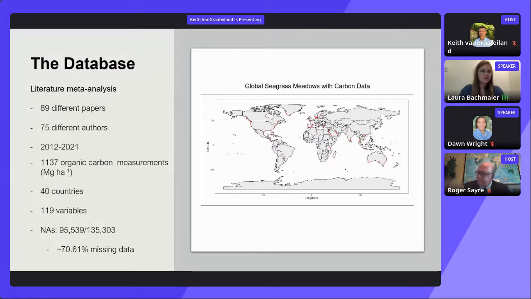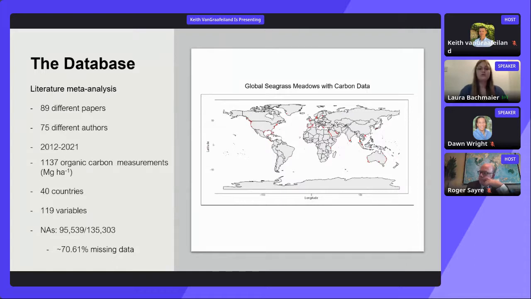And so as I mentioned, the first step of my project was undertaking a literature meta-analysis to collect data on global organic carbon measurements and corresponding environmental factors, with all final sites shown here on this map. And from the literature, I was able to add around 100 environmental variables. But because all these studies focused on differing aspects within seagrass blue carbon research, I ended up with a database with quite a lot of missing data, with actually around 70% of all environmental variables being incomplete.